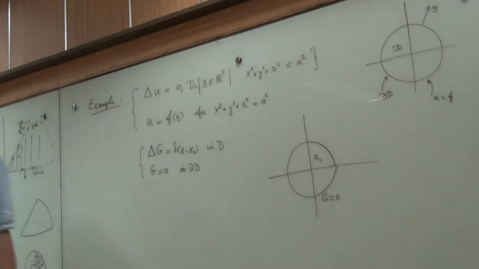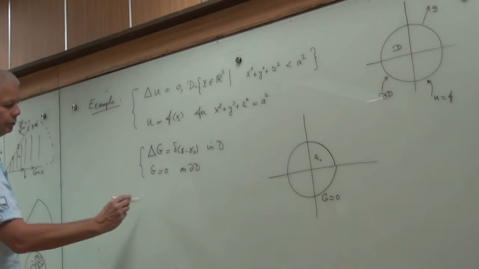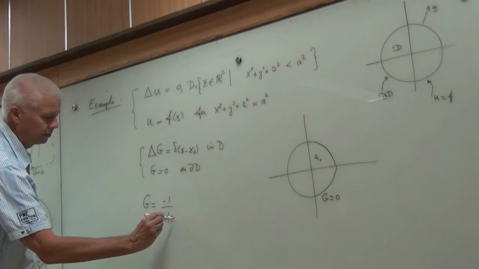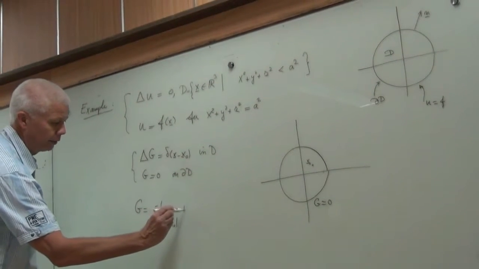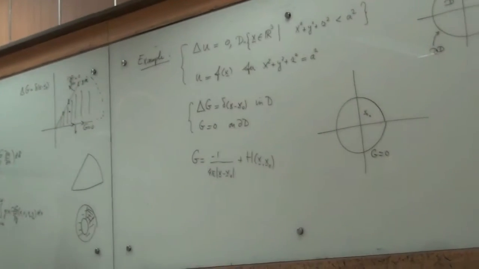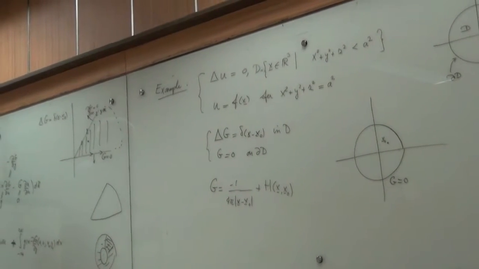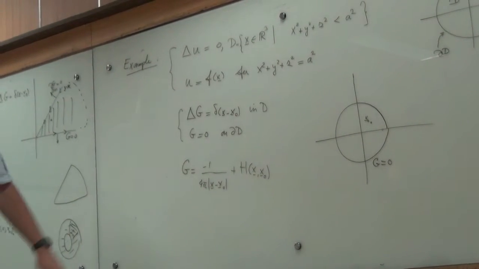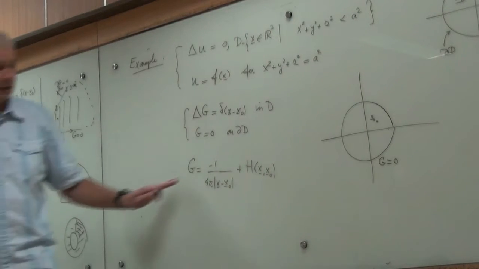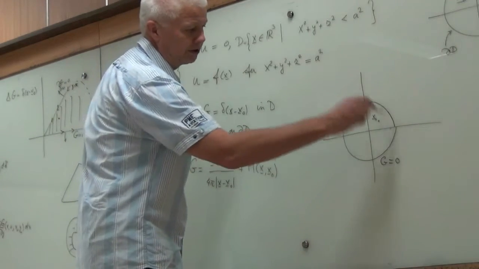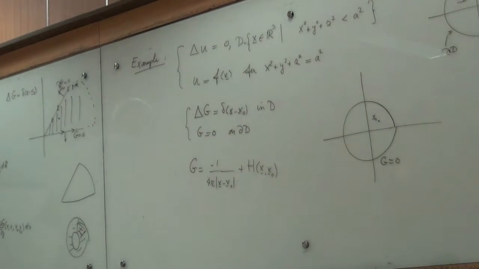That's where we have our source. And now the interesting thing, of course, in 3 dimensions, your G is of the form minus 1 over 4 pi |x minus x0| plus a function h which depends on x and x0. That's the structure of your Green's function in R3. Yes, we are working in R3. So we know already the structure. We only have to construct h such that the function is 0 on the boundary.